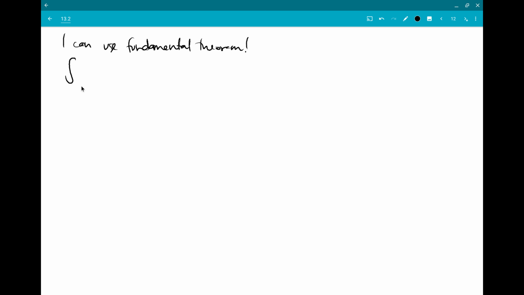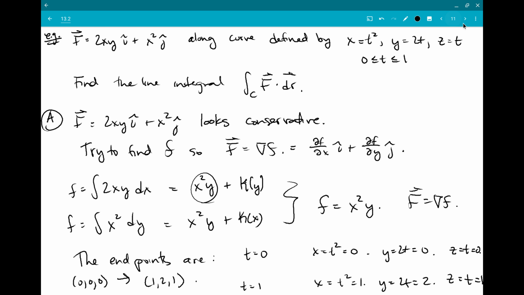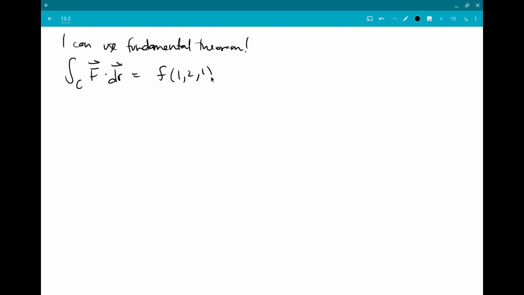But I can use the fundamental theorem. The integral of the vector field f over the curve c is just f at the endpoint, 1, 2, I think, minus f at the initial point.